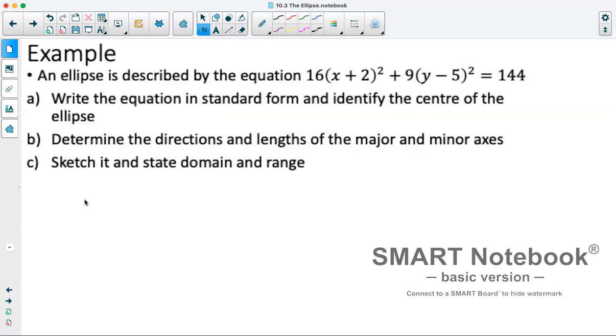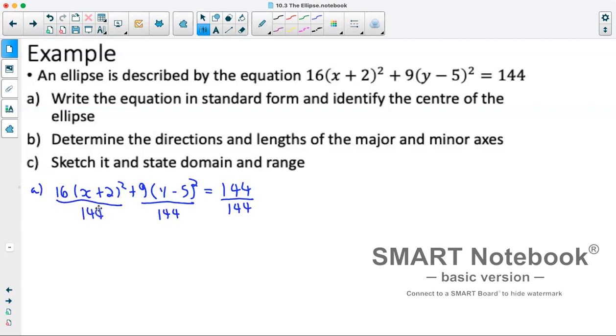So first thing for part A, I'm going to rewrite our equation down here. So we've got 16 times x plus 2 squared plus 9 times y minus 5 squared equals 144. Now in our standard form, this equals 1. So what we'll do is divide every term by 144. So our next step will be to reduce these to lower terms.